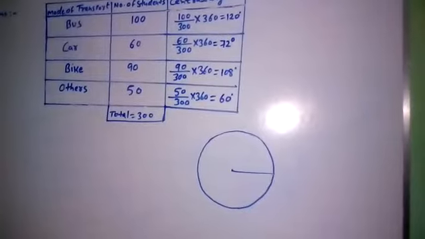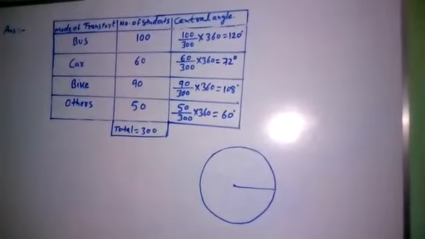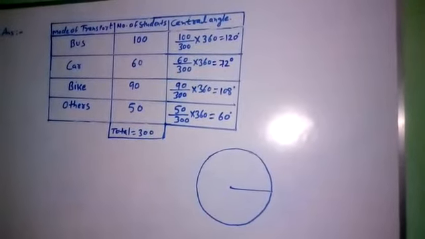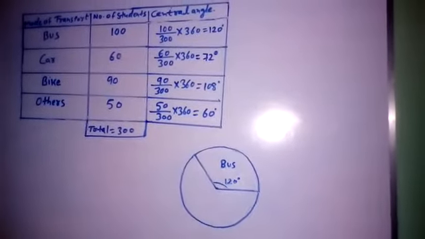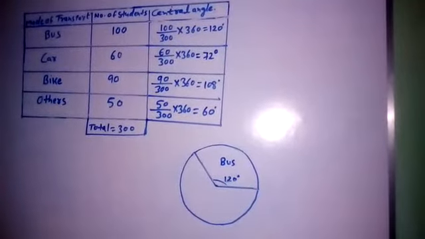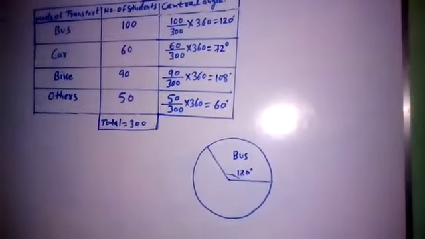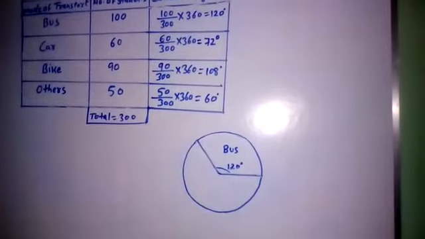With the help of the protractor we take 120 degrees. The first mode of transport is the bus, whose angle is 120 degrees. With the help of the protractor we draw an angle of 120 degrees.